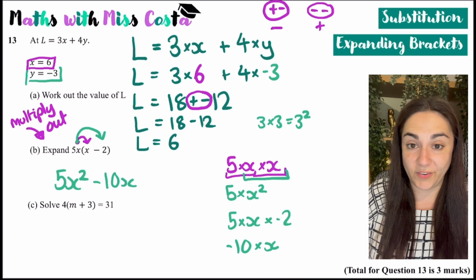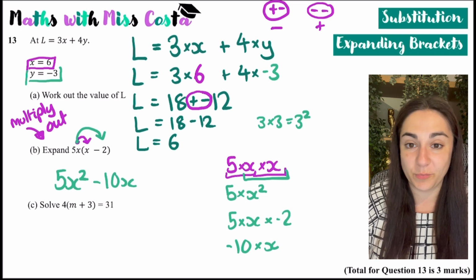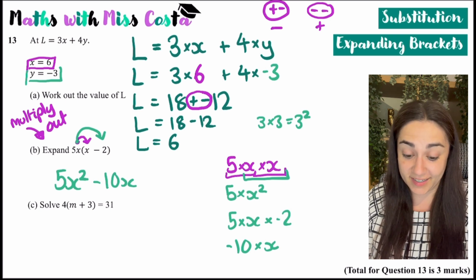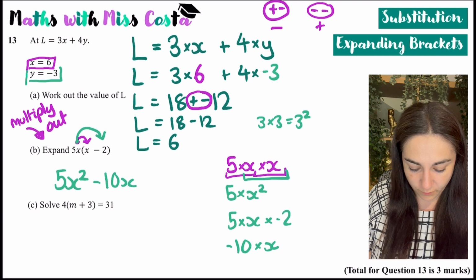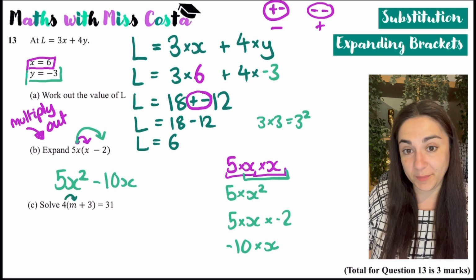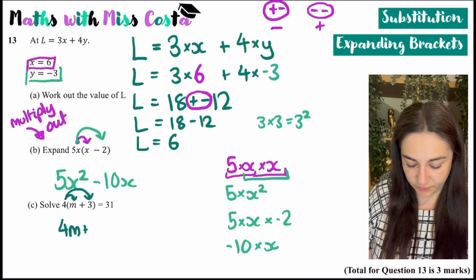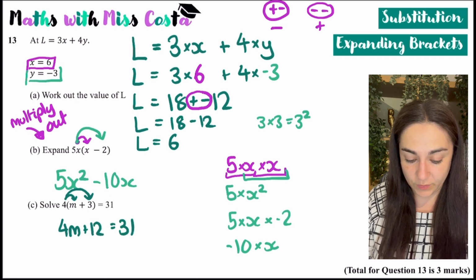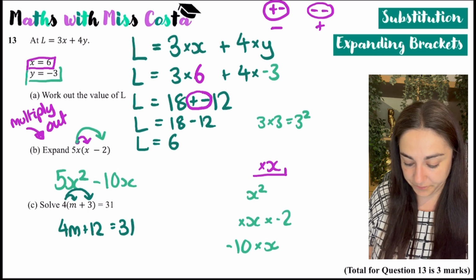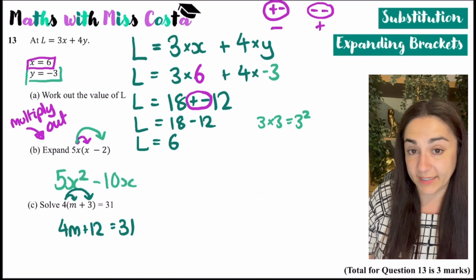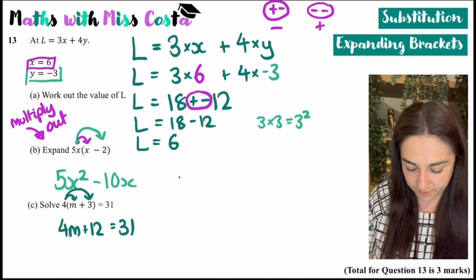Next, we've got an equation with a bracket. Whenever you see brackets, generally it's really helpful to just expand them. So we've got 4m. So 4 times m would give you 4m. And then 4 times 3 is 12. And that equals 31. So again, you can use the function machine to help you decide what needs to go first. So m goes in.